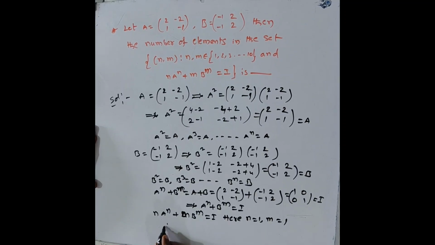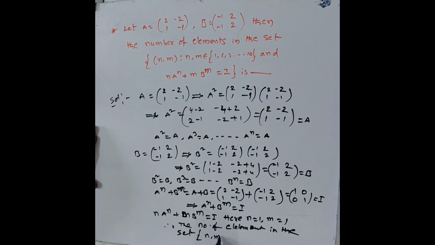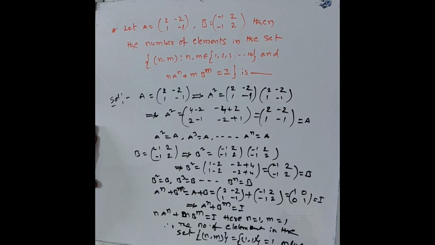So the number of elements in the set (n, m) is (1, 1). Only one element. That's enough.